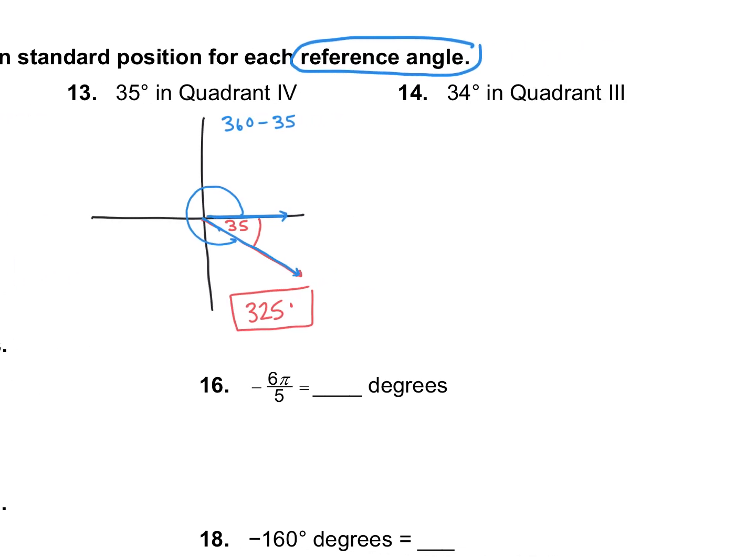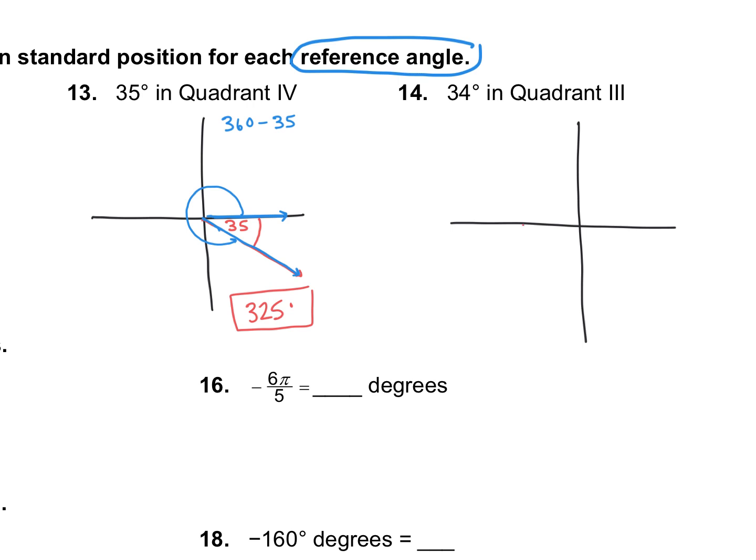All right, now we have a 34-degree reference angle in quadrant 3. So again, let's draw it out. We have quadrants 1, 2, 3. So it's going to go in this quadrant. It is 34 degrees off of the x-axis.